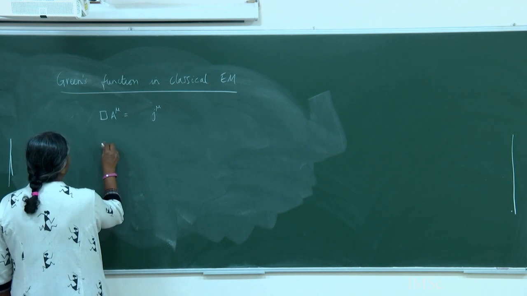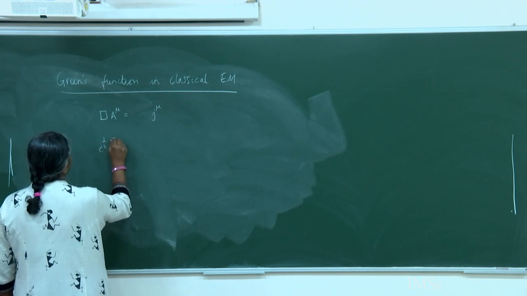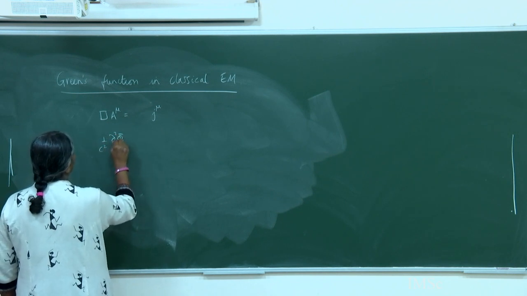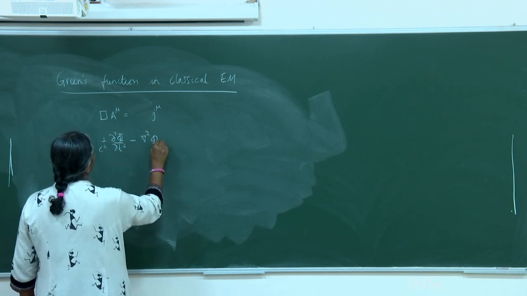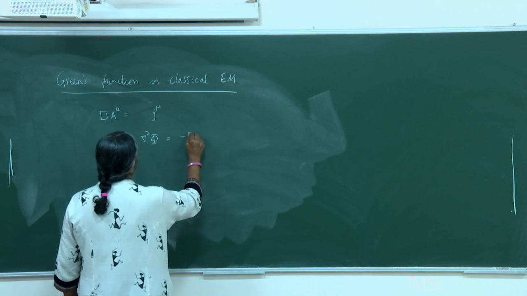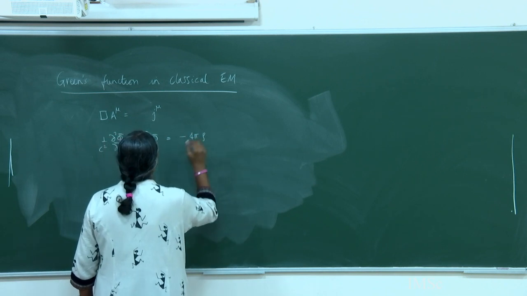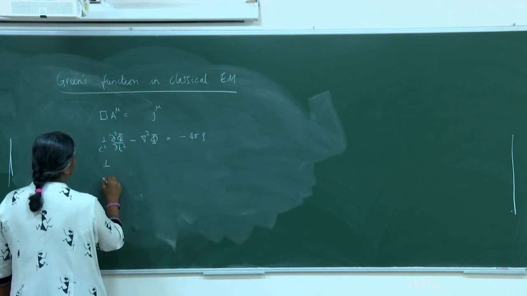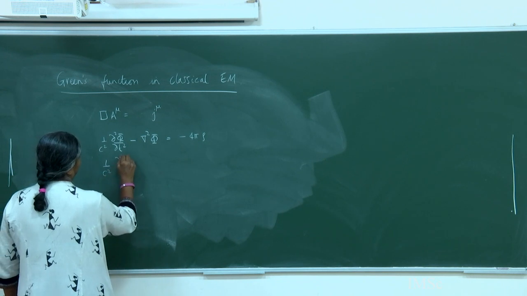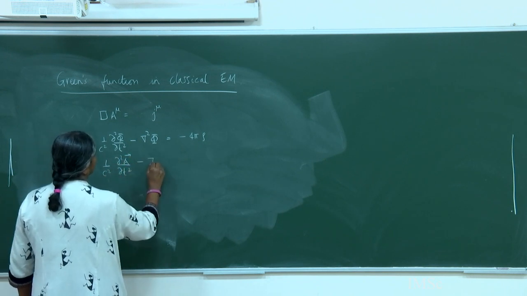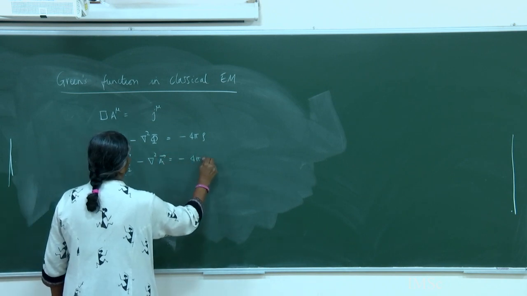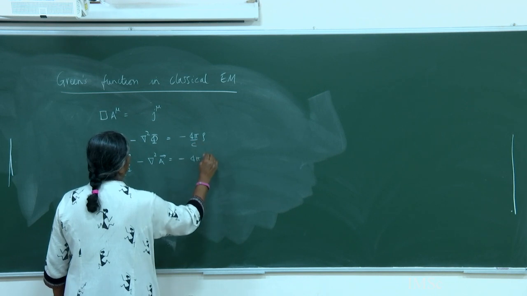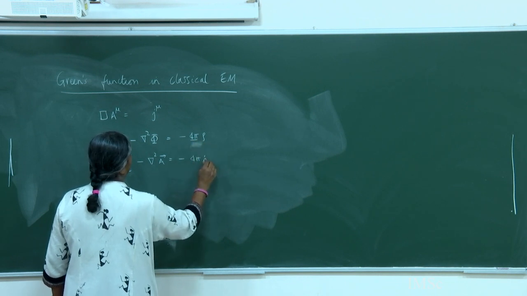I have 1 by c squared d squared phi by dt squared minus del squared phi is equal to, now this is due to CGS units.